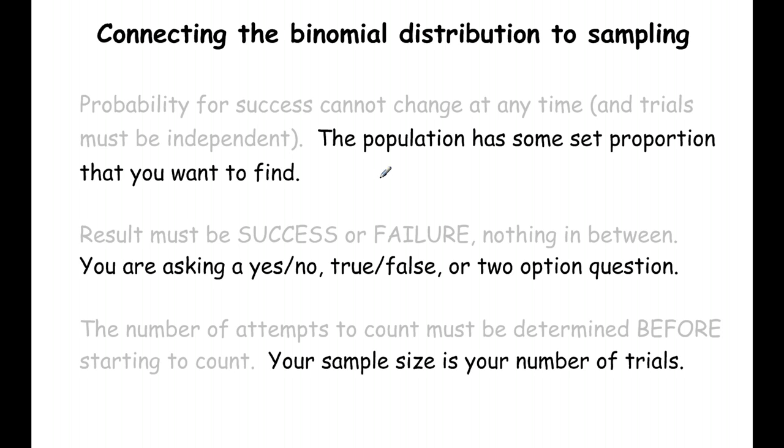In the case of the examples we've been looking at, we said that the population has 62.5% of the people who prefer Batman. That's the set proportion. It doesn't change. The class said this is its value, and no one's allowed to change their vote. So we're stuck with that number no matter what.